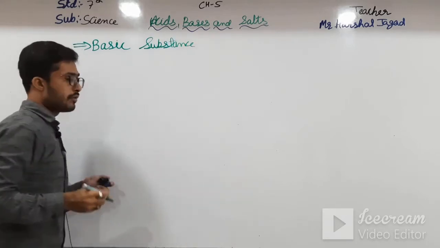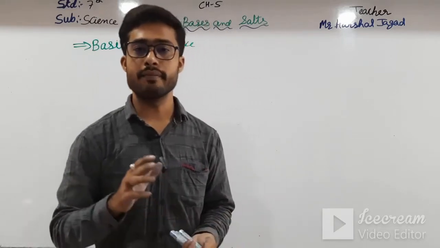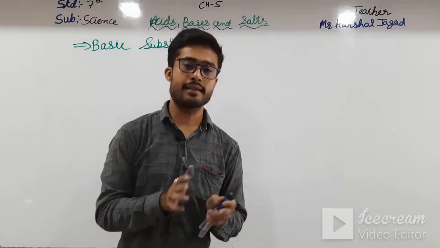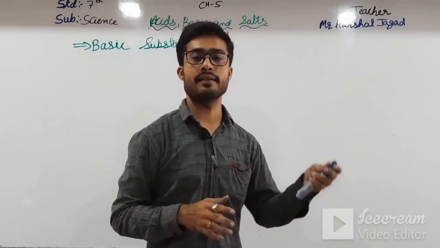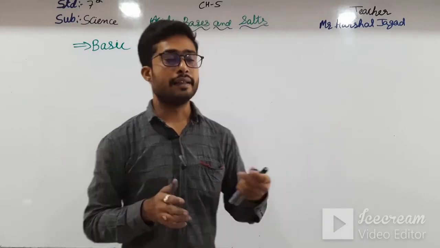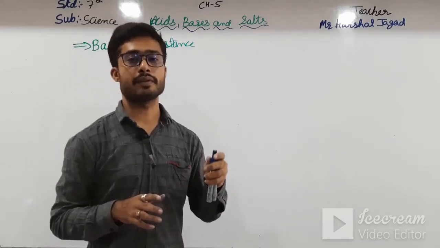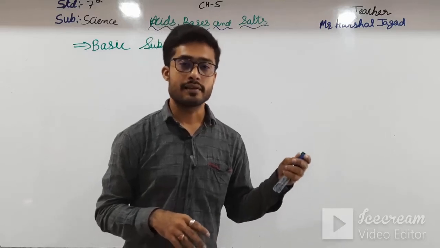So first of all, what are basic substances? The substances which contain bases are known as basic substances. In acidic substances, we have just studied that the substances which contain acids are known as acidic substances, and in basic, the basic substance means the substance which contains base.